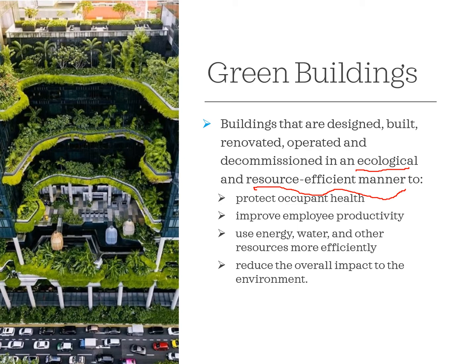So we have enough oxygen. It is pleasing to the eye because our eyes are attracted to the green color, which relaxes the eye. So we can protect the health of the residents or occupants. After that, we can improve the employee or staff productivity because they have a good environment. We are able to use energy, water, and other resources more efficiently because we use natural ones, and then we may reduce the overall impact on the environment.